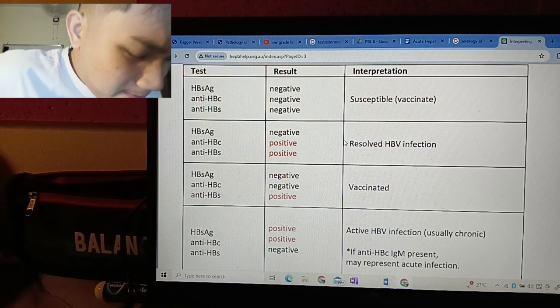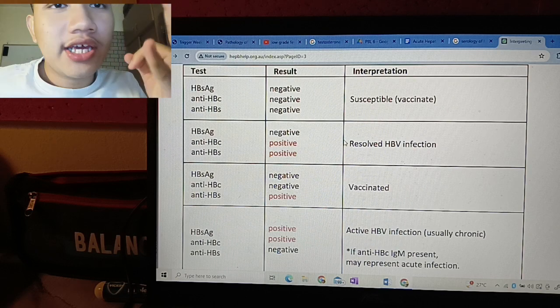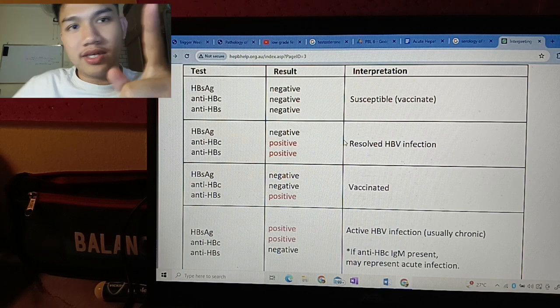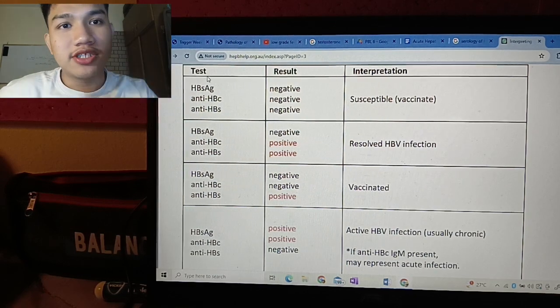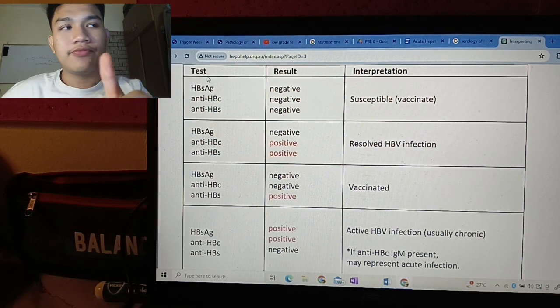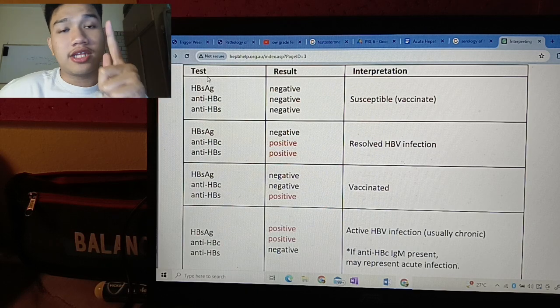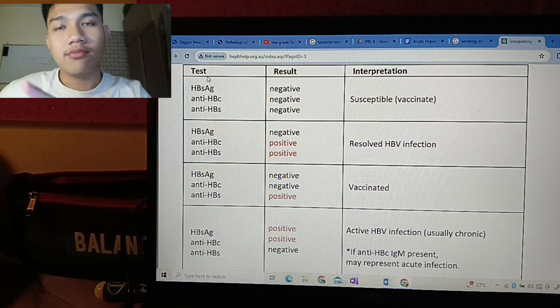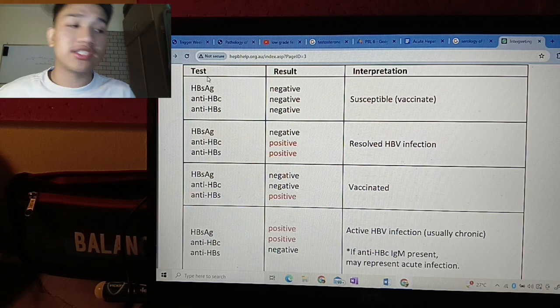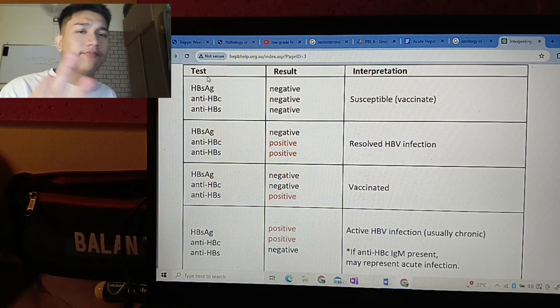Why I say that only 3 indicators important untuk kita measure hepatitis infection, which is hepatitis B surface antigen, HBsAg, antibody towards hepatitis B core antigen, anti-HBc, dan antibody towards hepatitis B surface antigen. Kenapa saya kata 3?